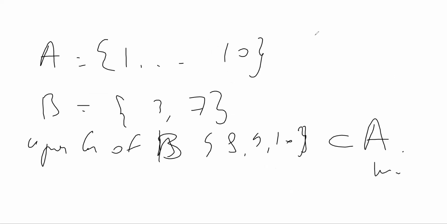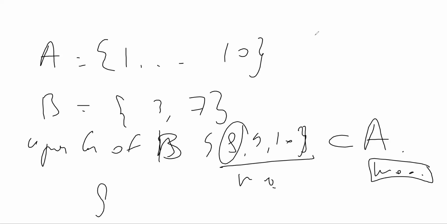A is well ordered. So well ordered means that every subset of A has a smallest element. That means that B is well ordered, so every subset of B has a smallest element. So we take the smallest element in the set of upper bounds, in this case 8, and say 8 is the smallest upper bound.